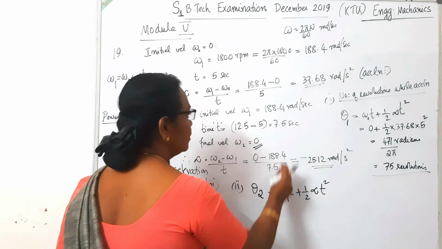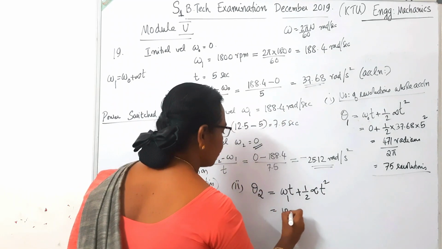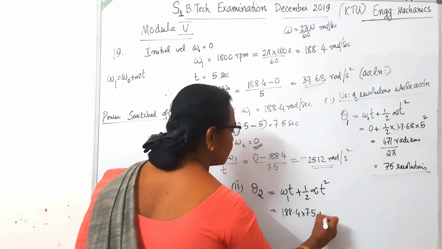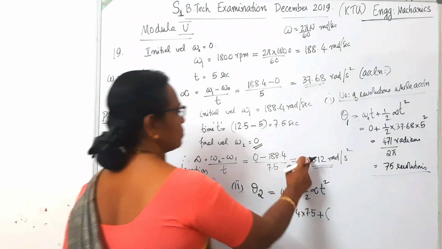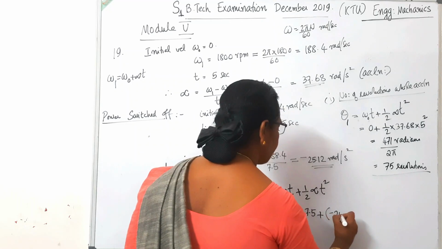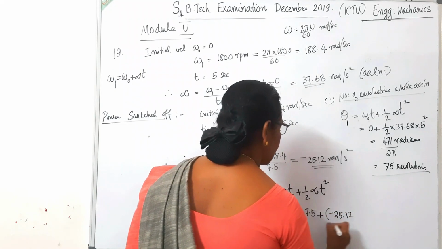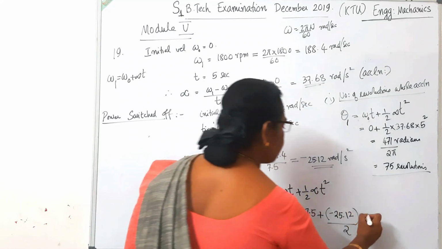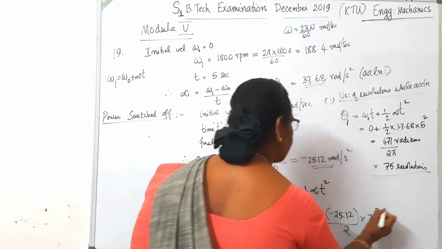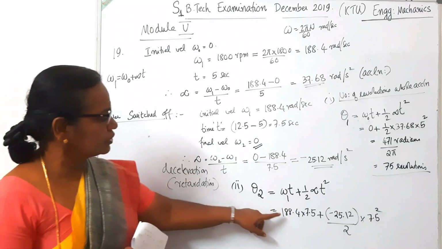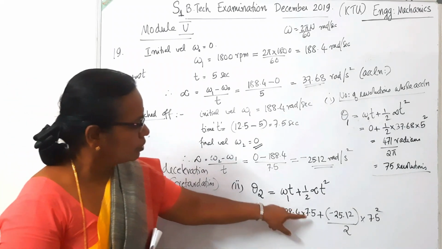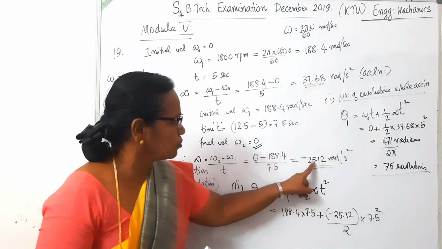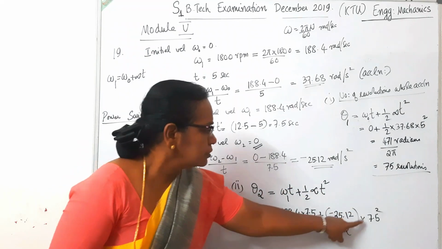Here initial velocity omega 1 starts from 188.4 for a time of 7.5, plus alpha, which is here deceleration minus 25.12, half t square.